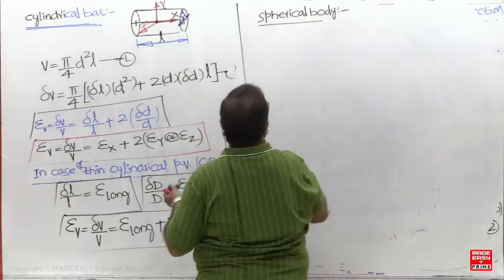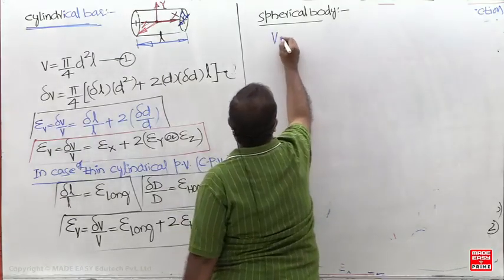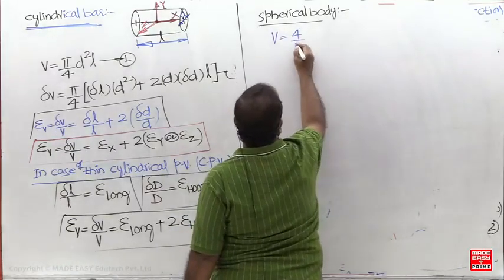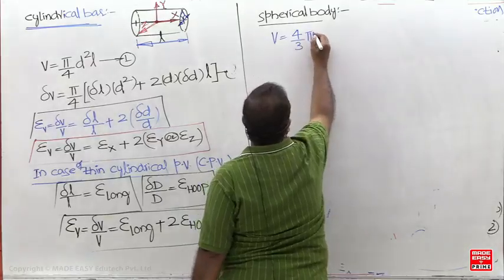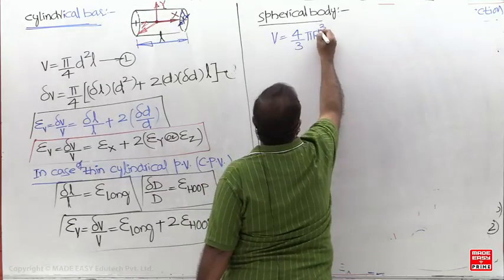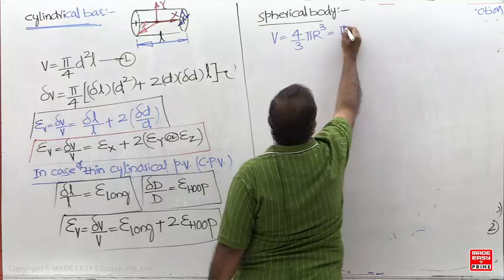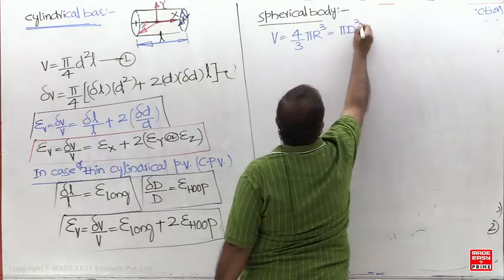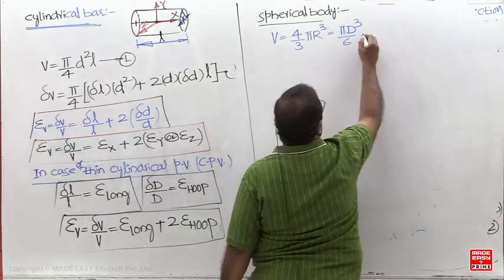Spherical body, what is the volume of a sphere now? 4 by 3 pi r cube, or pi d cube by 6.